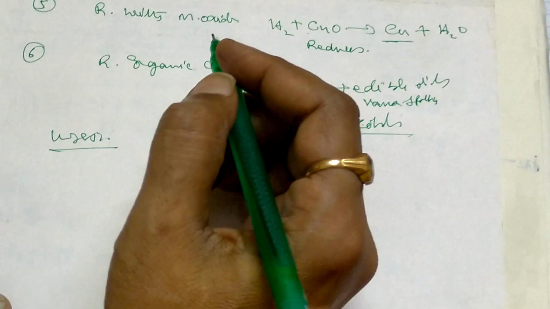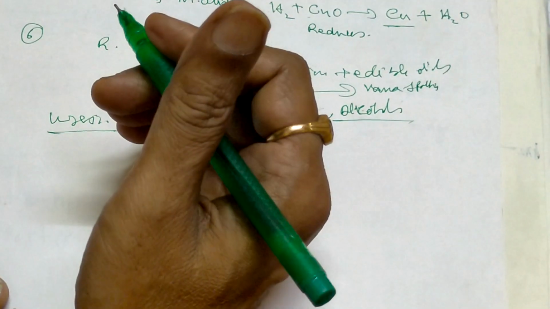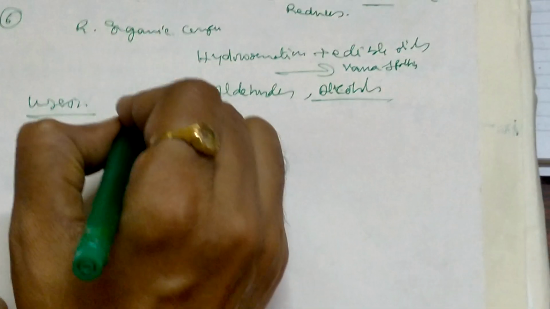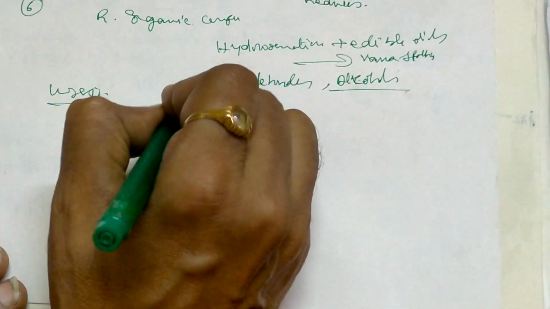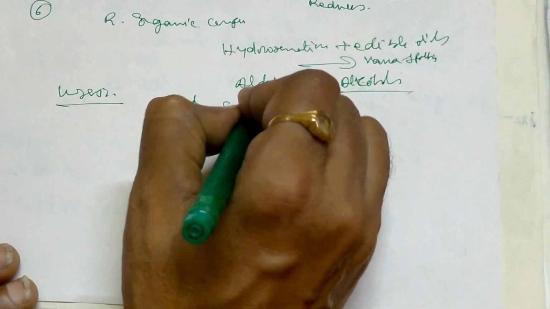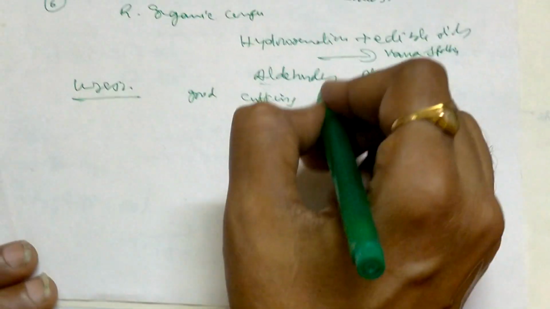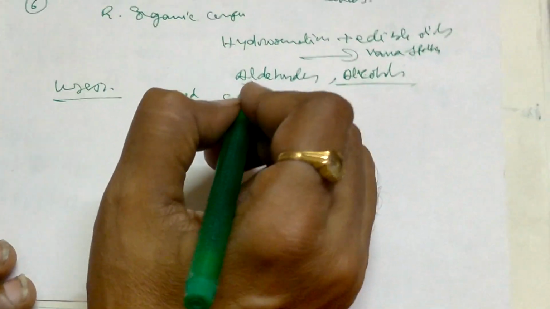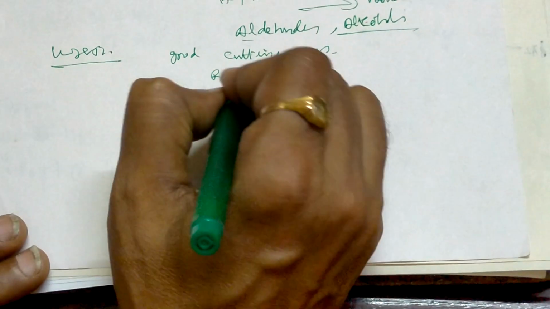LPG flame is around 400 degrees centigrade, whereas hydrogen gas with oxygen, the oxyhydrogen flame, goes to 3,000 degrees. This is a good cutting tool. Another use is as rocket fuel.